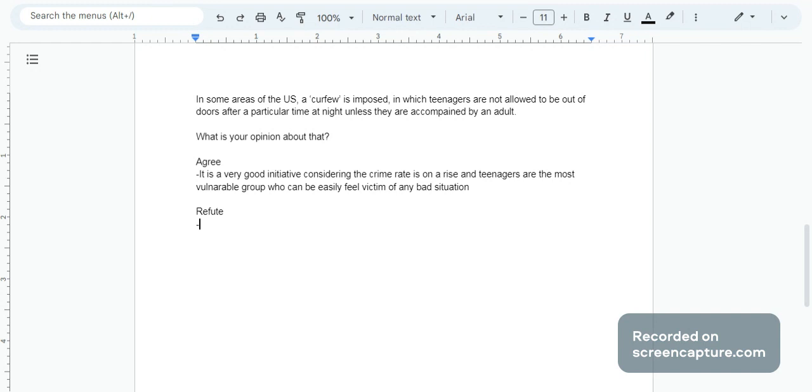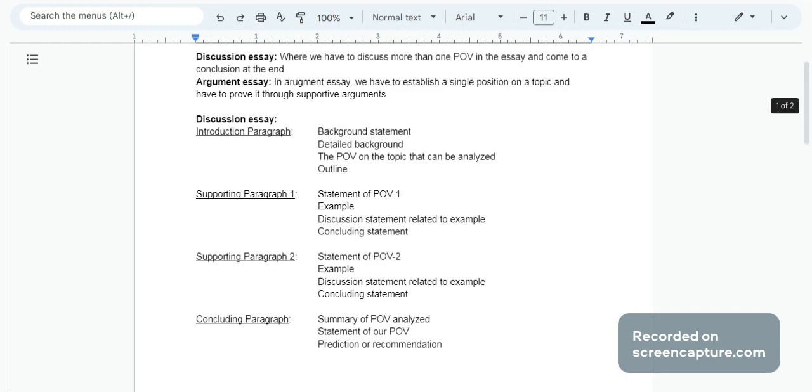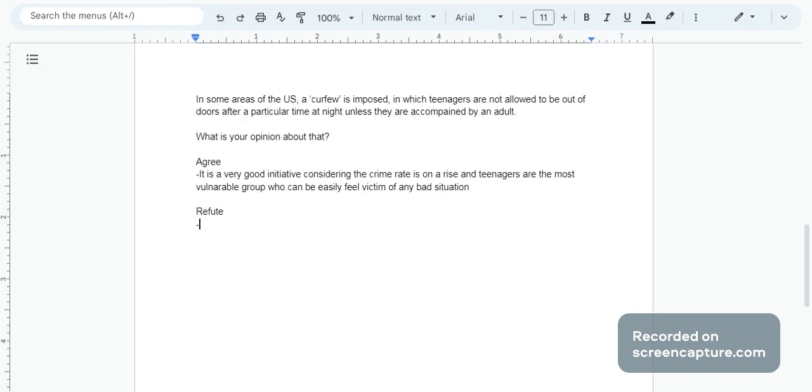So what should be the refuting paragraph of this? I think in some areas the teenagers are not allowed to be out at night unless they are accompanied by an adult.